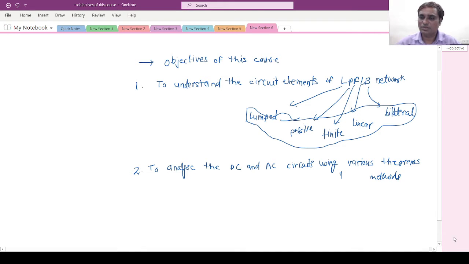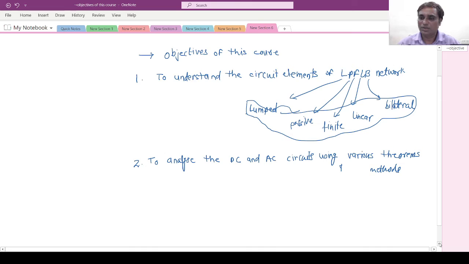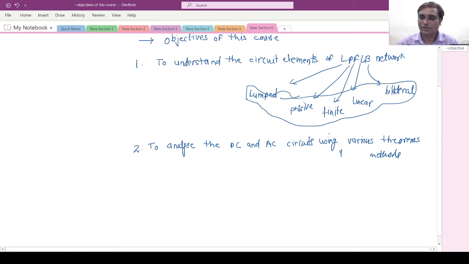So theorems mostly will include Thevenin's theorem, Norton's theorem, superposition theorem, maximum power transfer theorem, etc. And we will do the analysis using various methods, that is time domain analysis and frequency domain analysis.